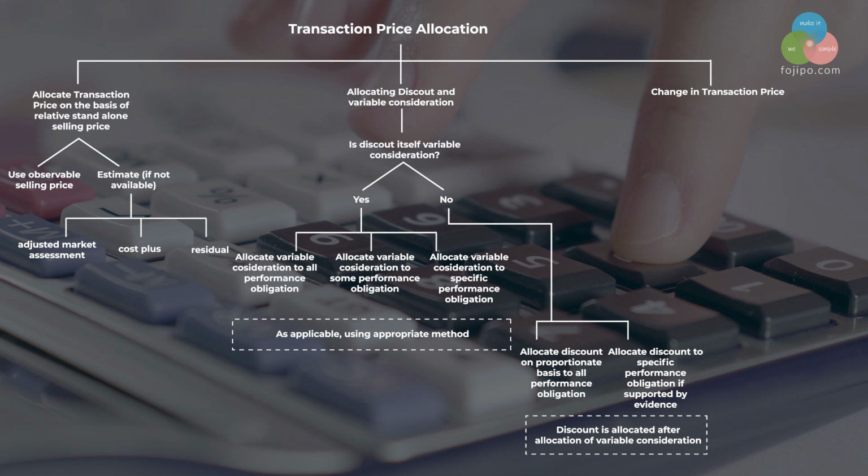meaning first you need to allocate variable consideration and then allocate the discount. With regard to change in transaction price, first determine if the change in transaction price is due to a contract modification. If no, for example, uncertainty with respect to variable consideration is now resolved, then allocate the change in transaction price on the same basis as you did at the contract inception.